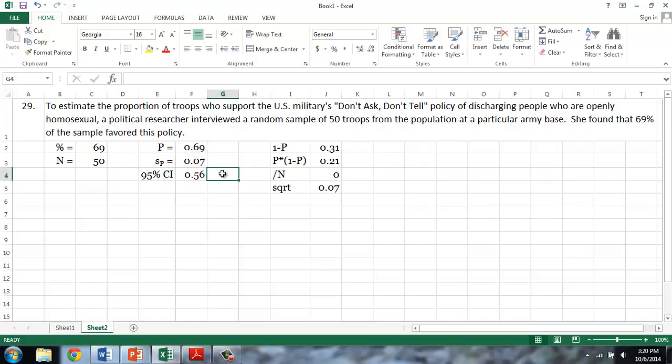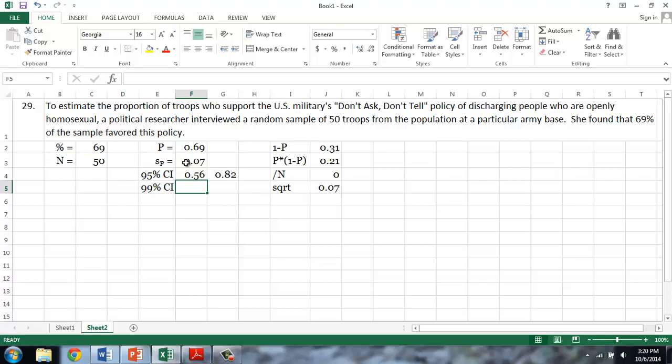Similarly, our upper limit is equal to our proportion plus 1.96 times our standard error of the proportion. This means that we can be 95% confident that the population proportion is between 0.56 and 0.82, or somewhere between 56 and 82% of the population supports the policy.